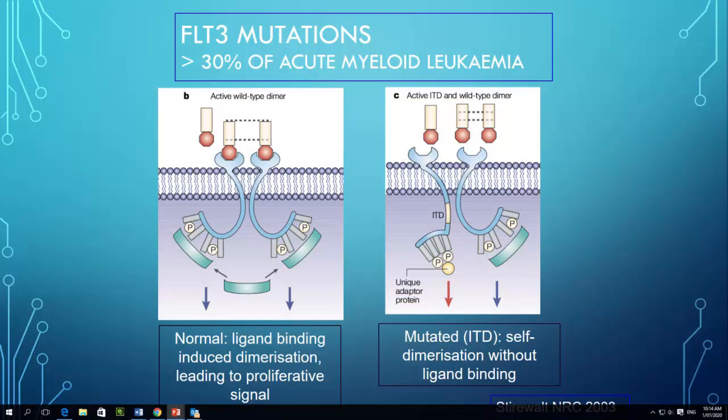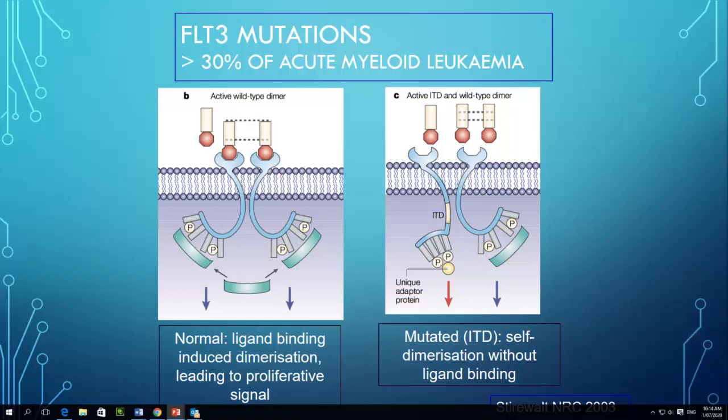There are gene mutations specifically associated with different types of blood cancer, which you've probably covered already. For example, we have the FLT3 mutation, which is present in about 30% of acute myeloid leukemia cases. This is an important cell surface receptor in developing blood cells, so normally it needs to be activated by a protein, and then the dimerization of this protein enables a cascade of signaling to occur.